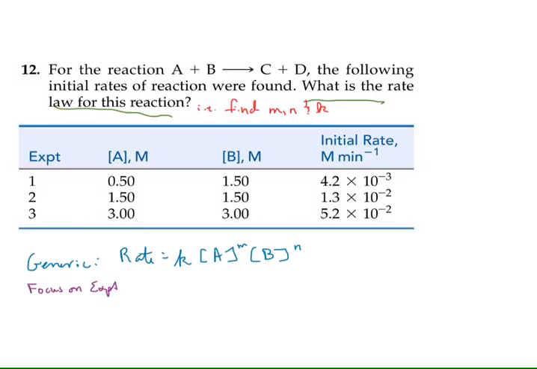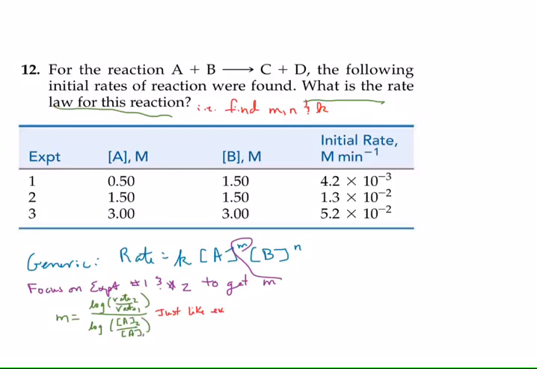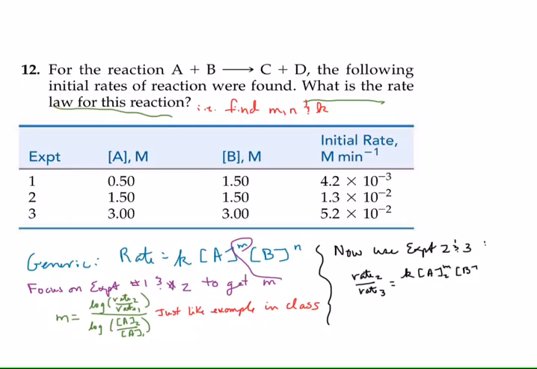All right. I say focus on experiments 1 and 2 to get m. You probably recognize the green equation, just like in class. Now I say use experiments 2 and 3.